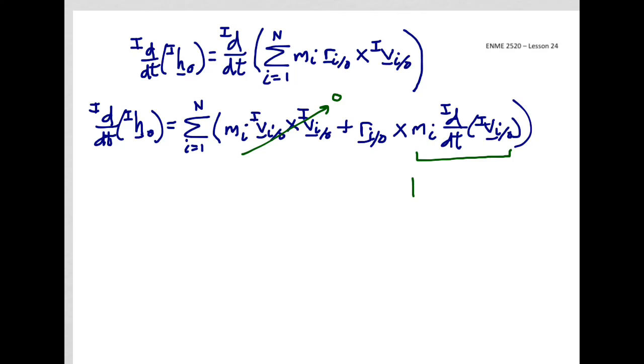And so we write this as F_i on this particle due to external forces, plus the sum of all the forces, where j is equal to 1 to n, of all the interactions, so F_i,j.